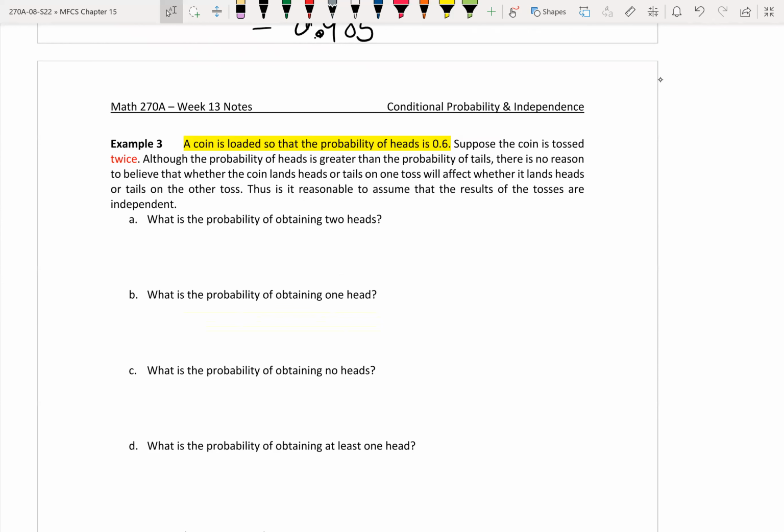it is asking what is the probability of obtaining two heads in two tosses? What is obtaining two heads?